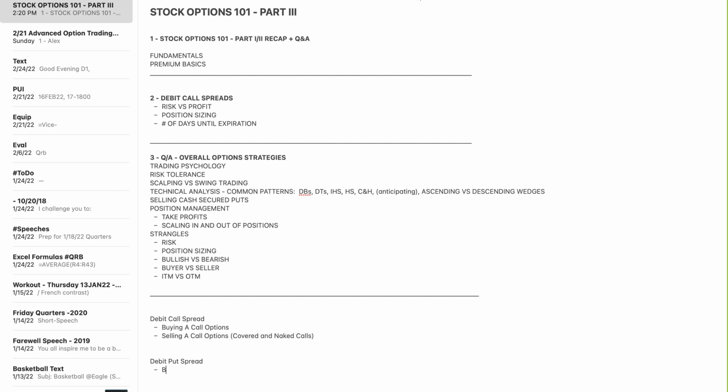Cardio Rudy, are you still there? So debit put spread, right? If you understand this, which sounds like you do, do you want to give this a shot explaining what a debit put spread consists of?